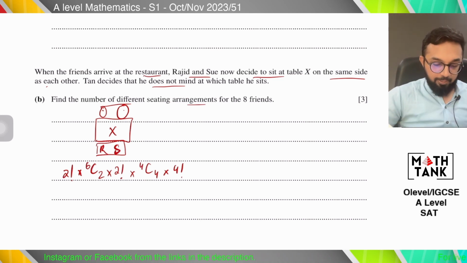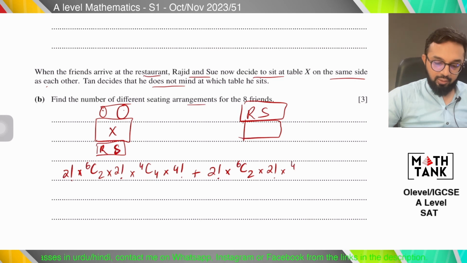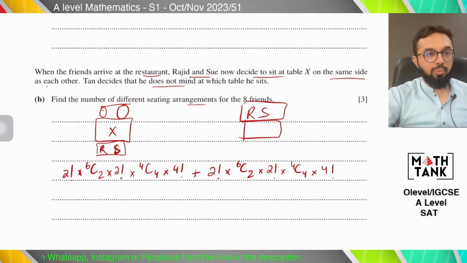Plus, if Rajan and Sue were sitting on this side of the table, again they could switch between themselves. There are other people who want to sit here, and they can arrange themselves as well. And then other people on the other table can also shuffle around between themselves.